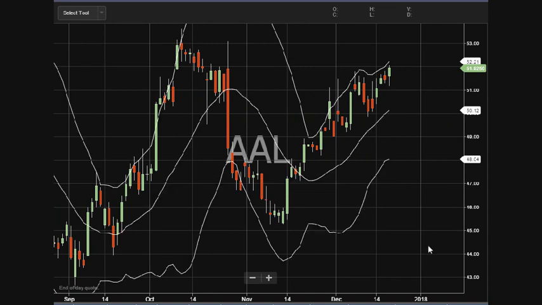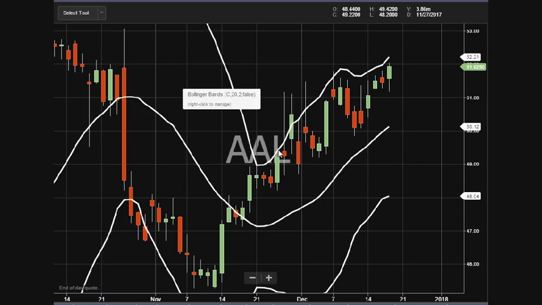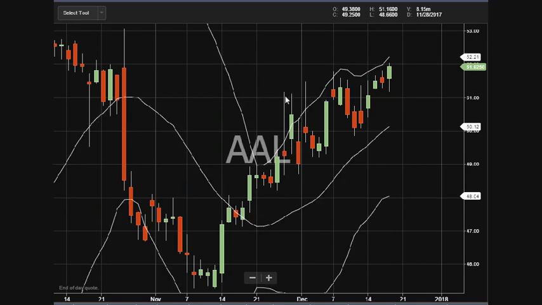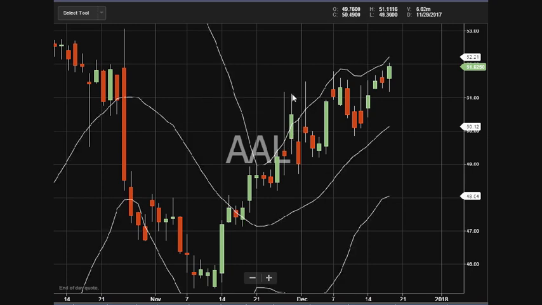Obviously, for the last few weeks at least, American Airlines has been in a strong uptrend. And even on the daily charts, when it goes above 2 standard deviations, it snaps back down intraday. Did it again, except it did close above briefly.